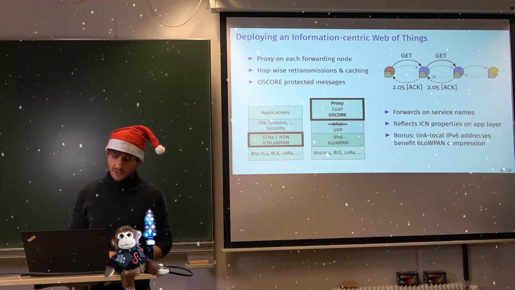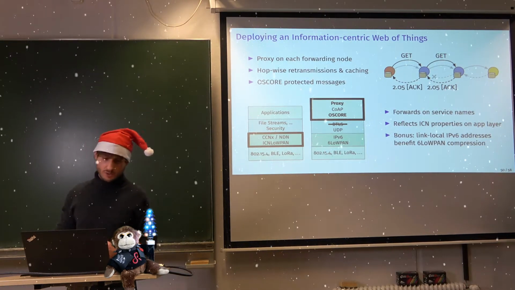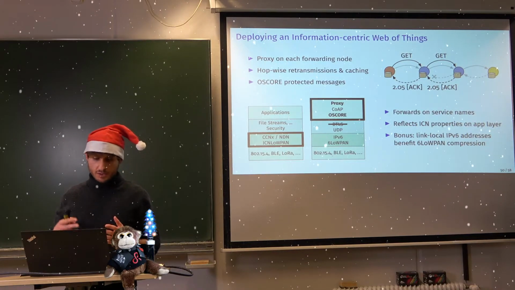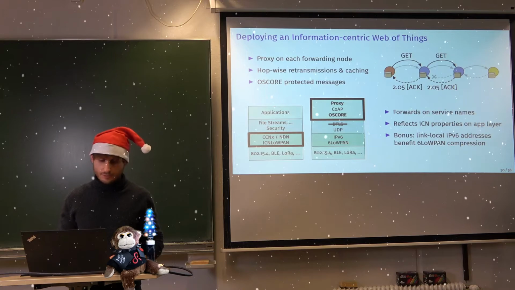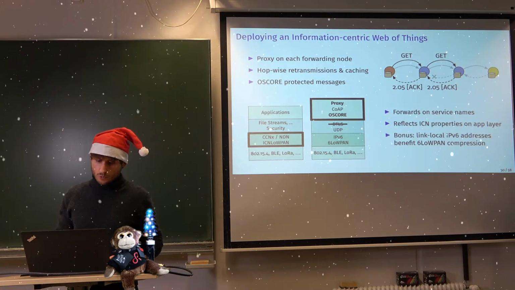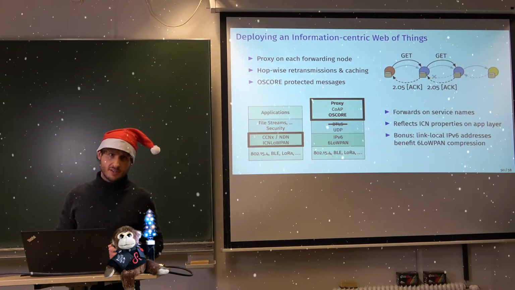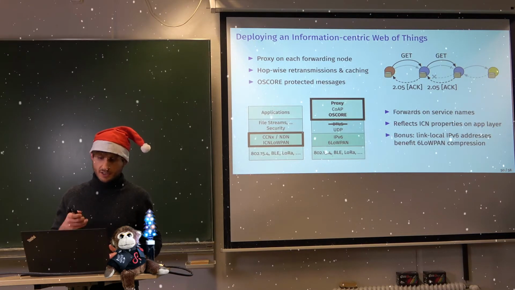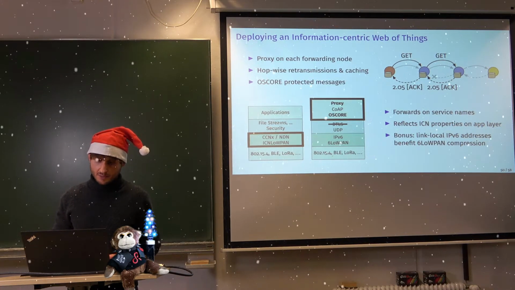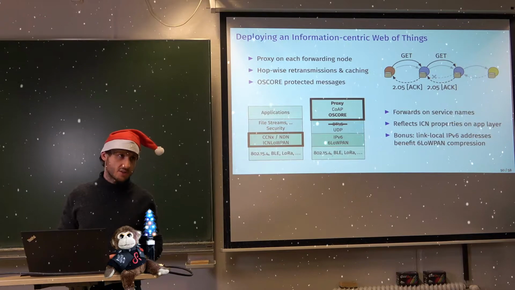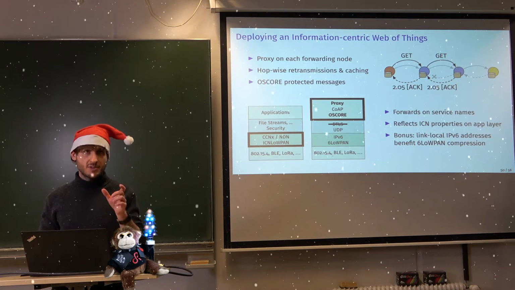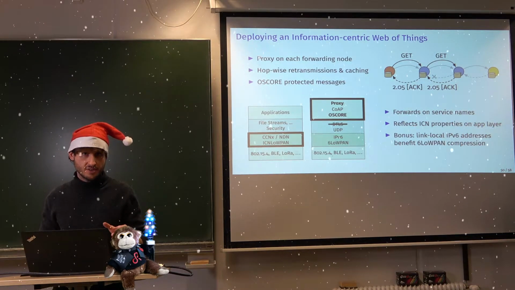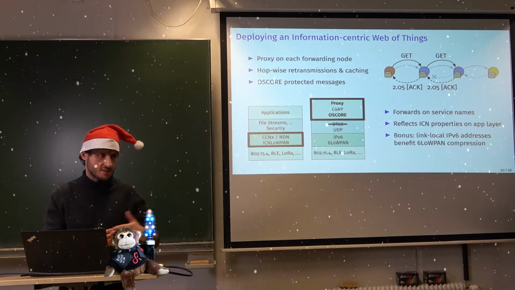And here's a bonus thing that we saw while doing the experiments. Since we are using 6LoWPAN, which is a compression layer for IPv6, we can compress IPv6 addresses from the IPv6 header using this setup, because we can use link-local IPv6 addresses in this deployment since we only address the next hop.